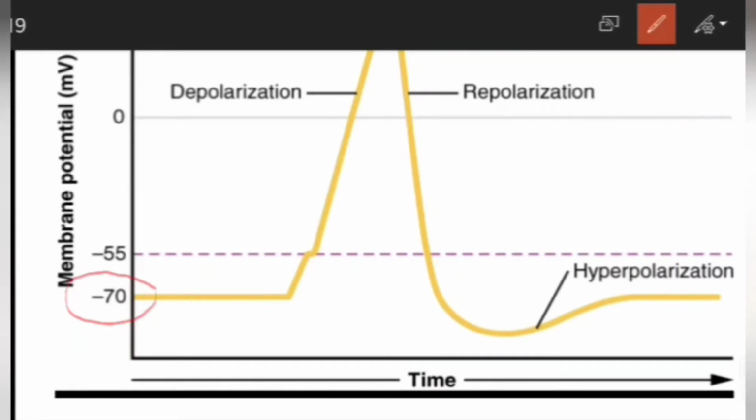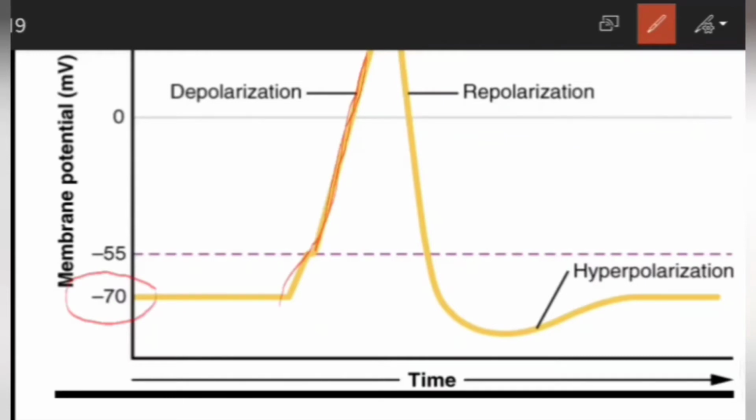And this depolarization occurs within a very short span of time, so the graph is almost vertical for depolarization, you see, because there is rapid influx of sodium ions inside the cell. And as we have already learned, the sodium ion channels remain open for a very short period of time. When this potential reaches plus 35 millivolt, then all the sodium ion channels close. At the same time, the potassium ion channels open up and there is the exit of the potassium ions from the cell.